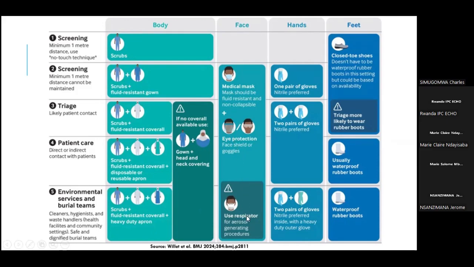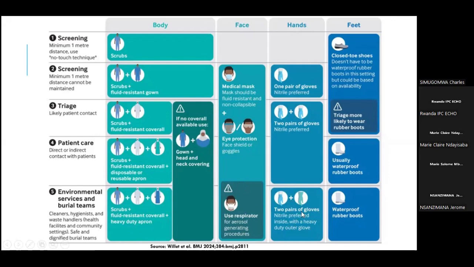And they have said in case we have sufficient stock, we can always use respirator. But if the stock is limited, the respirators may be limited to aerosol-generating procedures. But for burial and patient care, I think it is advisable to use respirator whenever possible.